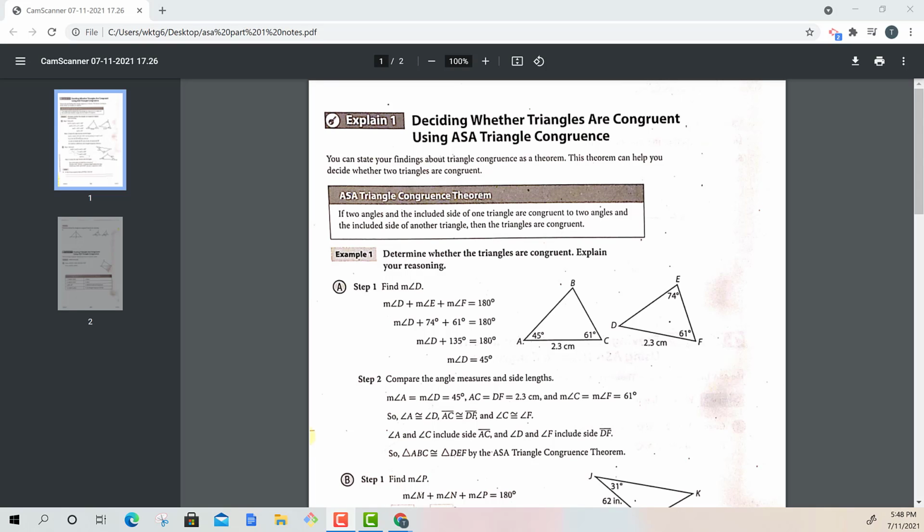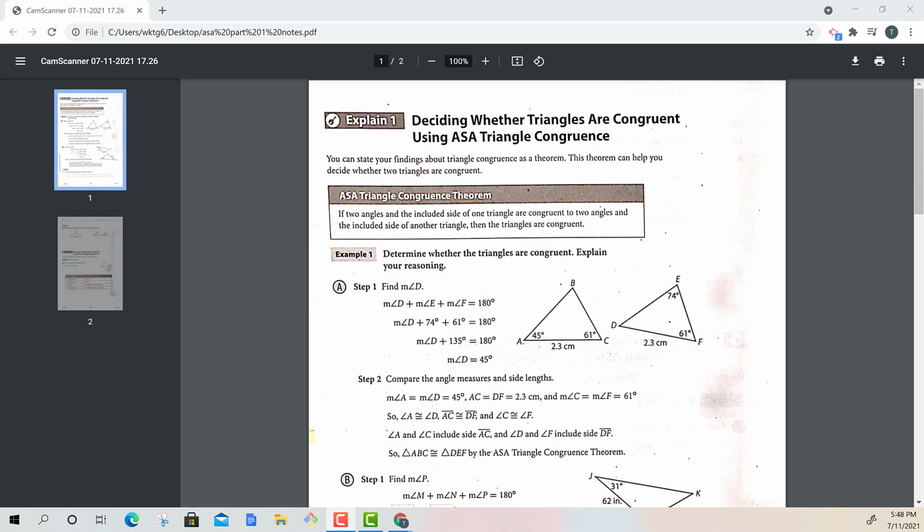So the angle, side, angle, triangle congruence theorem: two congruent angles, and the included side has to be the same. Just to make sure we understand what included side means, every angle is made up of two line segments.